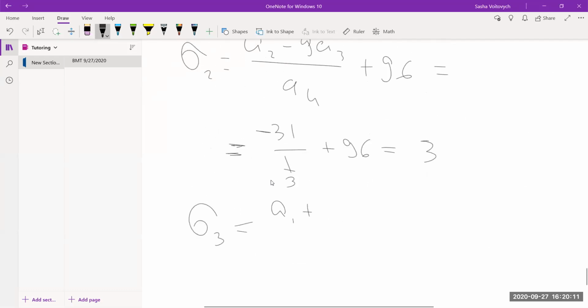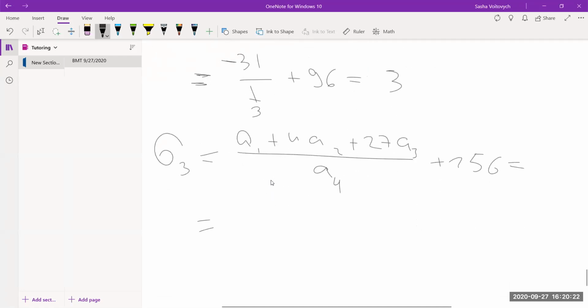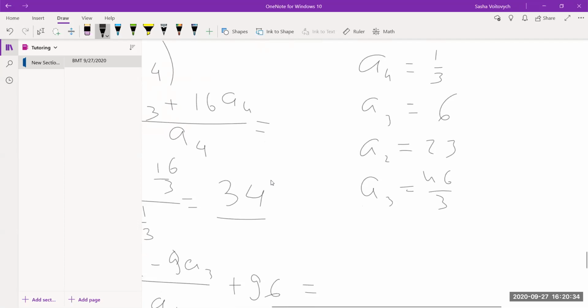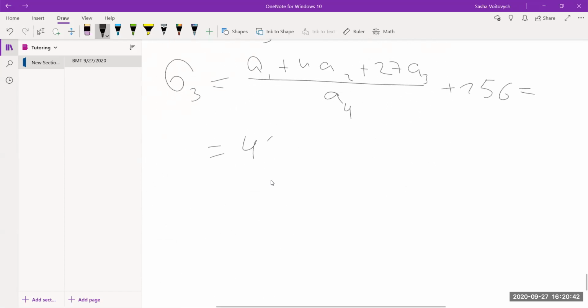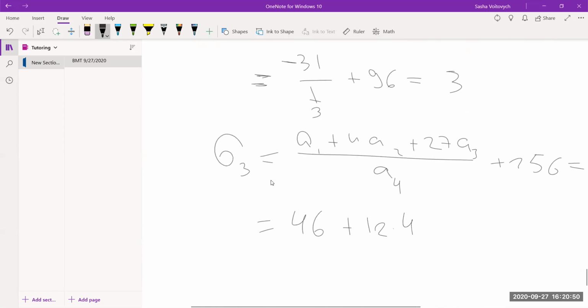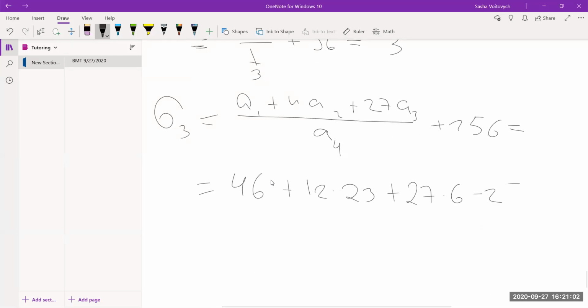So A1 plus 4A2 minus 27 A3 divided by A4 plus 256, which is just, okay, so A1 is equal to 46 plus, A2 we have is 23, so it's 12 times 23 plus 27 times A3, so 27 times 6, plus 256. All right.